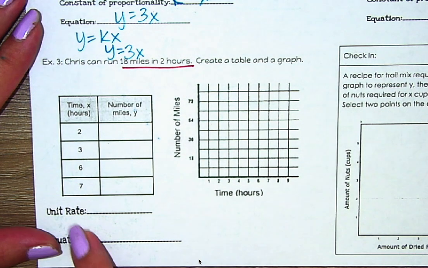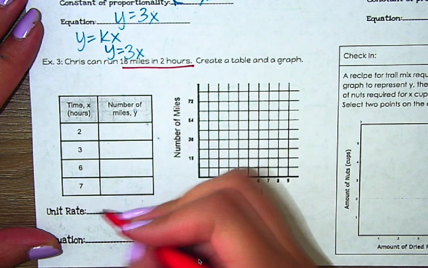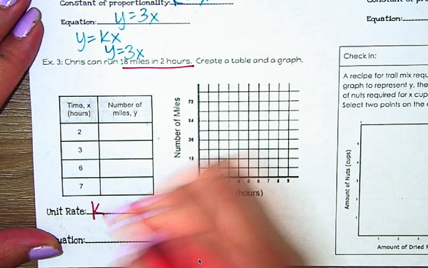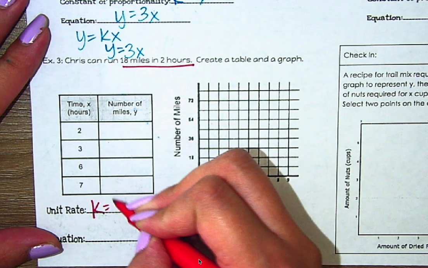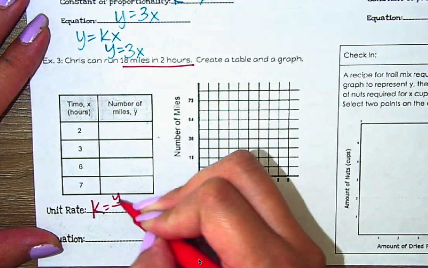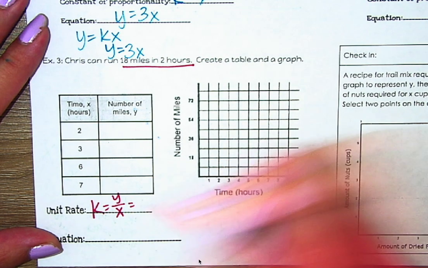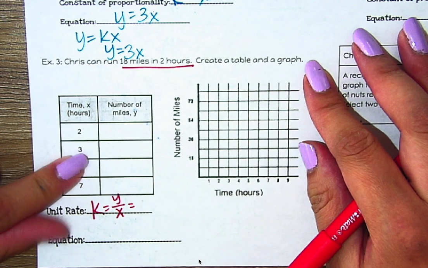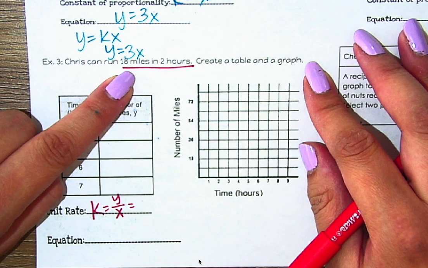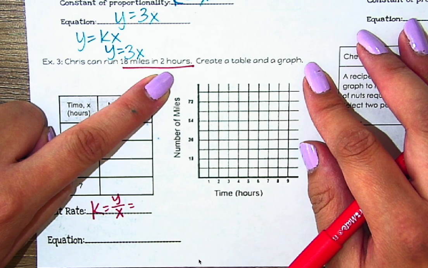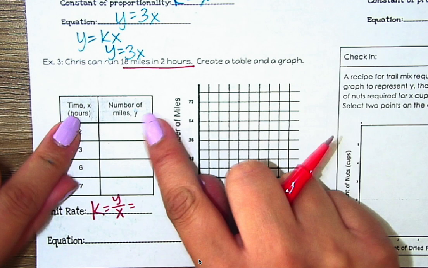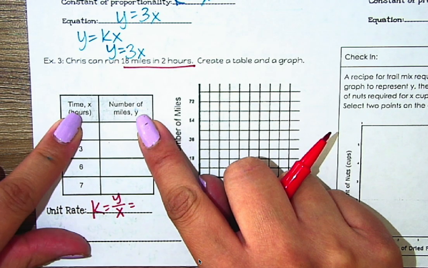It says 18 miles in 2 hours. It wants me to find my unit rate first. Okay, remember, again, unit rate is the same as constant and proportionality is the same as constant rate. You're going to use the formula K is equal to Y over X. Now, I don't have my points, but they gave me 18 miles in 2 hours, and they even told me what my Y and my X was.